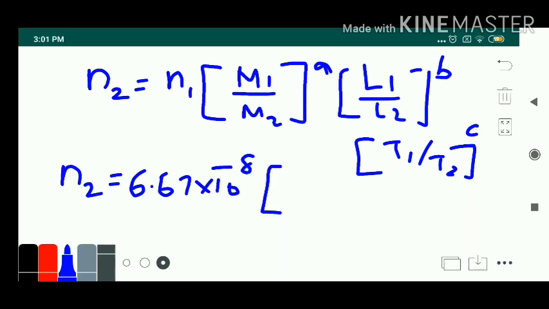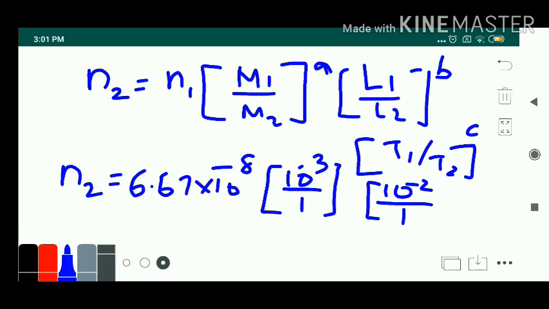M1 is 10 to the power minus 3, denominator 1. L1 is 10 to the power minus 2, L2 is 1. Time is 1 over 1, both are in seconds.